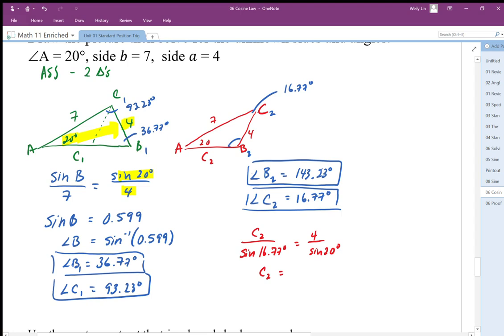So cross multiplying, 4 times the sine of 16.77 divided by sine 20. C2 works out to be 3.37 as my length. So this is about 3.37.